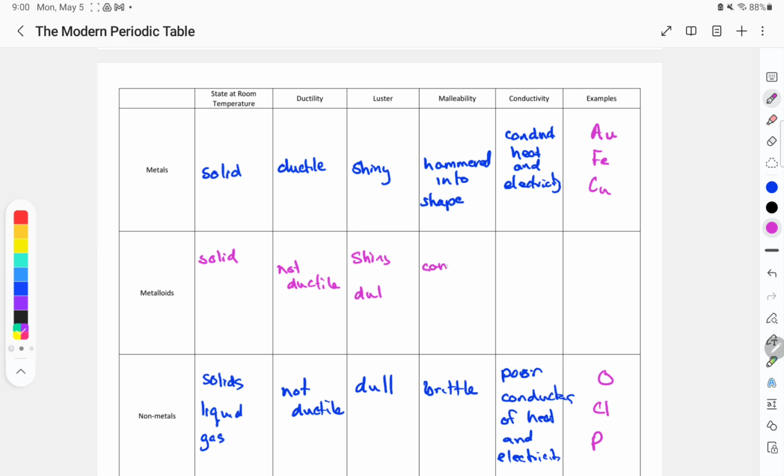Some of them can be hammered, but most are brittle. They're poor conductors, and they include things like silicon, which we use to make computer chips.